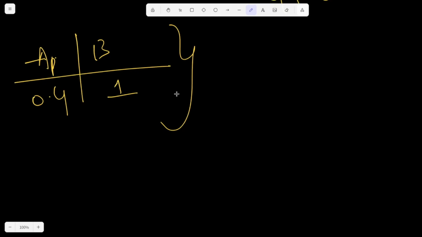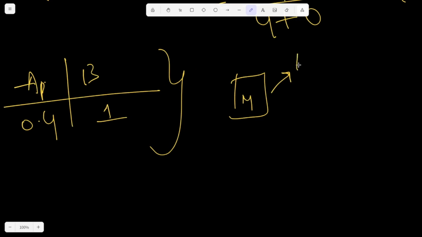So whenever your model says there are 10 bananas and 10 apples, the interpretation with the precision is that when it says there are 10 apples, you are confident that there are 4 apples out of 10, but you're not sure about the 6 of them, right? And when it says there are 10 bananas, you are sure that there are 10 bananas.